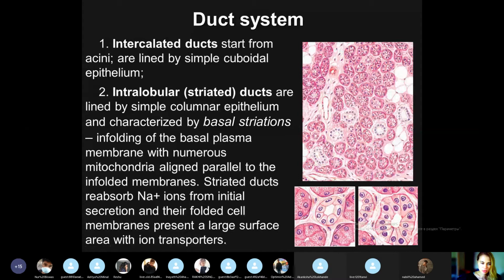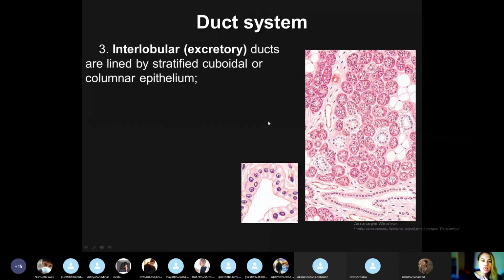This is why the mitochondria produce energy support for the process of the reabsorption of the sodium ions in intralobular ducts. Next duct is interlobular. Over here we can see the interlobular duct.